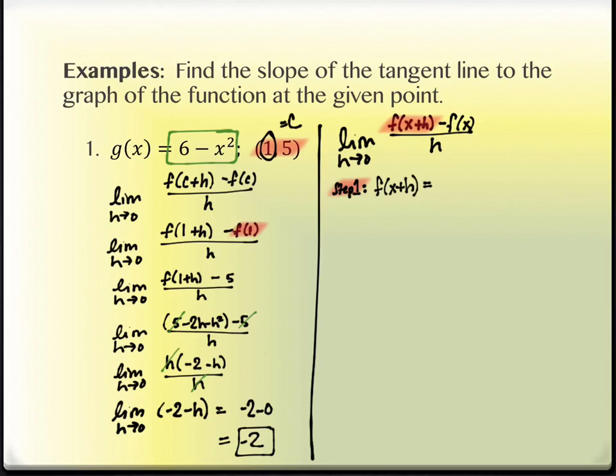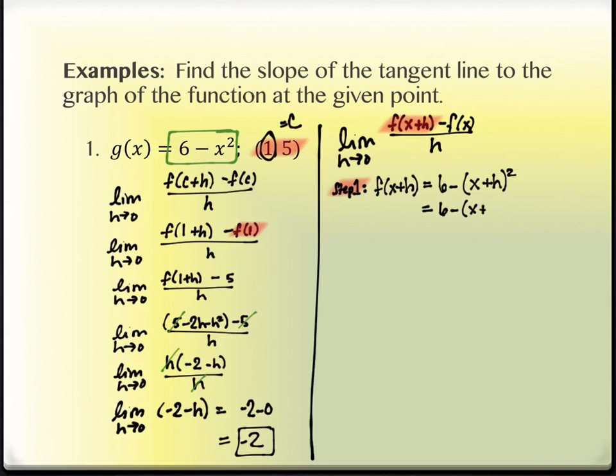Okay? Well, our problem over there was 6 minus x squared, yes? So we've got 6 minus, and it's not going to be x squared, it's going to be x plus h squared. So that's what it means to put in x plus h, right? We do the same algebra that I erased from underneath here, but we do it generally for x plus h.